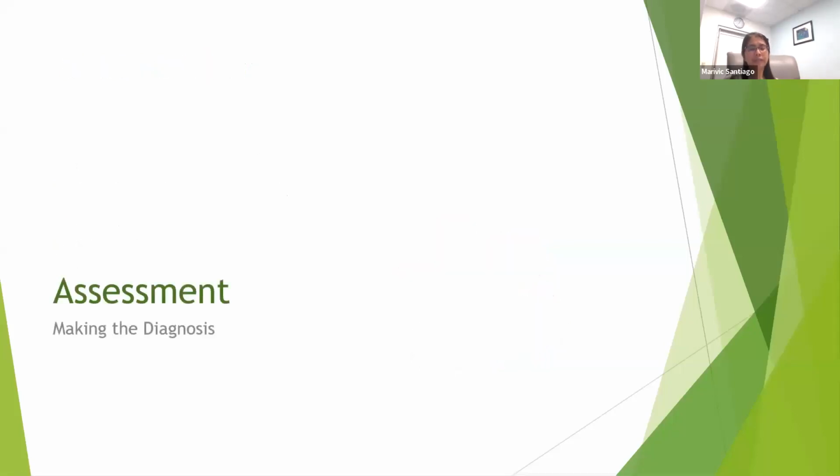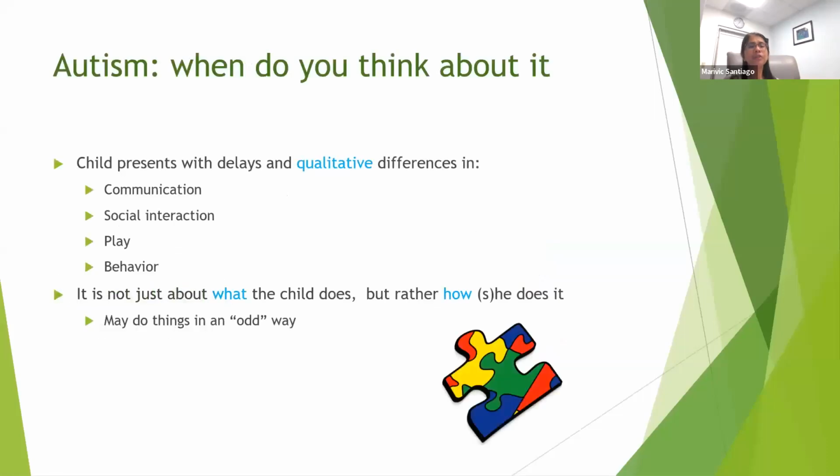So assessment. How do we make the diagnosis of autism? When do we start thinking about a child possibly being on the spectrum? By the way, since the DSM-5 came out, which stands for Diagnostic and Statistical Manual, this is almost like the Bible used by clinicians like me when we diagnose developmental conditions such as autism.